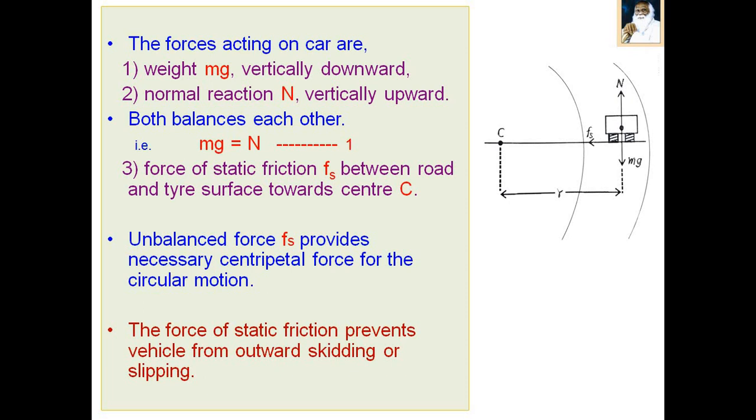For the circular motion, there must be a centripetal force, and it is provided by the force of friction between a road surface and tire surface of the vehicle. This force of static friction is very important because it prevents the vehicle from outward skidding or slipping from the road.